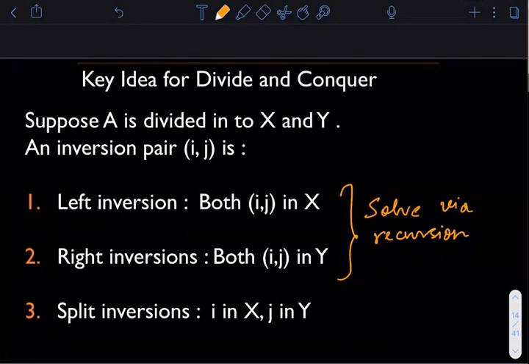Remember, from the recursive calls, what we get back is the number of left inversions and right inversions, and now we have to compute the number of split inversions and just add them up. So what kind of running time should we shoot for the third category if we want an n log n algorithm overall?